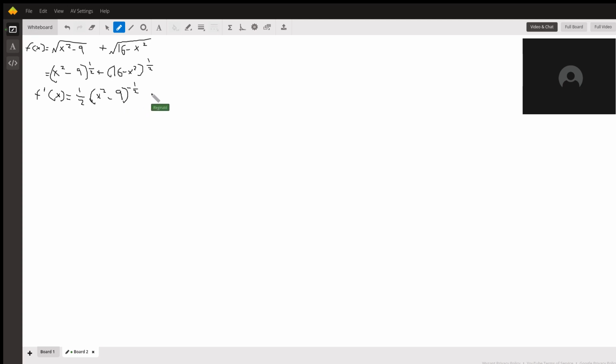So times 2x. The 2 is going to cancel out with this 2, so I'm just going to be left with x in the numerator. And then this negative fractional exponent is going to put this in the denominator. So we get x over the square root of x squared minus 9. I'm going to put it back in radical form.